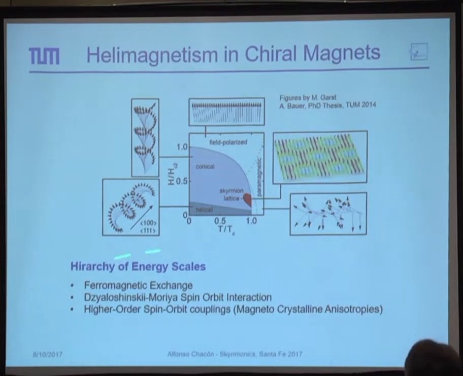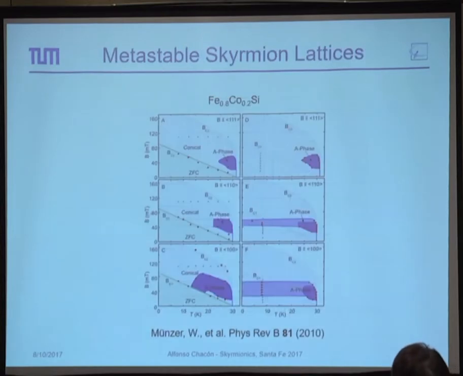Indeed, however, we're not bound by this small pocket in the phase diagram. Already very early in our studies, by 2010, it was the work of Alfonso from our team doing neutron scattering experiments that realized that over 20% of iron silicide, you can get a Skyrmion lattice at low temperatures by following the right treatment.